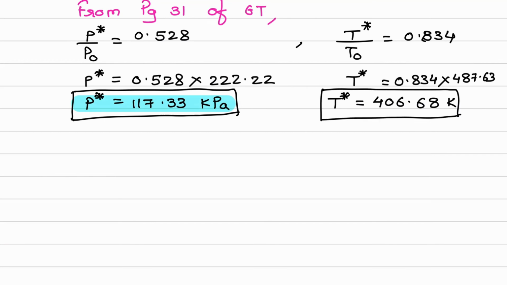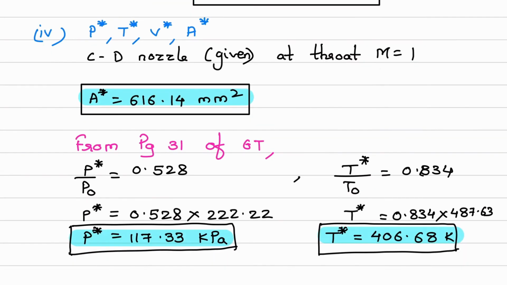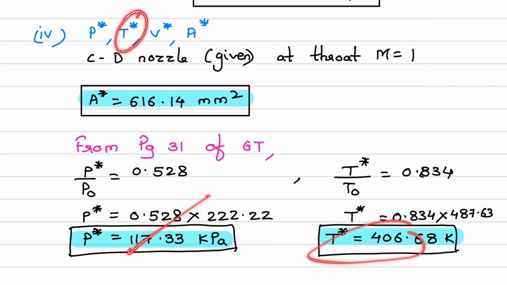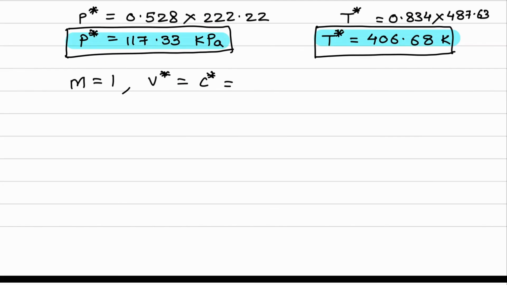Now what is remaining, we will see that. What is asked? Pressure, temperature, flow area. Critical pressure we have found out, critical temperature we have found out, A star we have found out. What is required now? V star. How to find V star? For Mach number equal to 1 at throat, V star will be equal to C star, and that will be equal to the square root of gamma R T star.